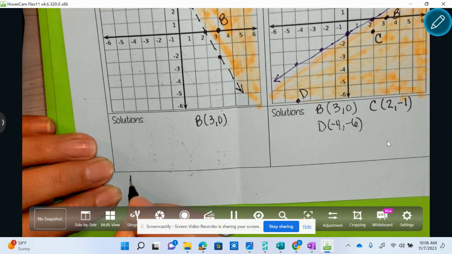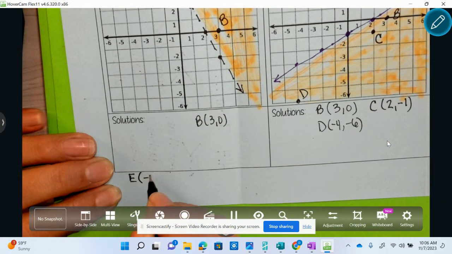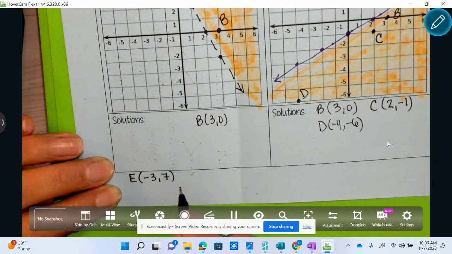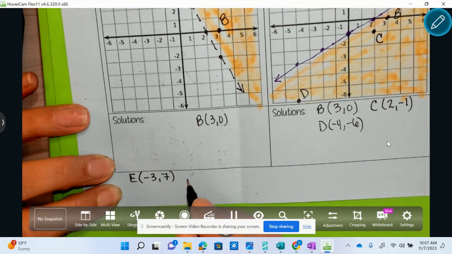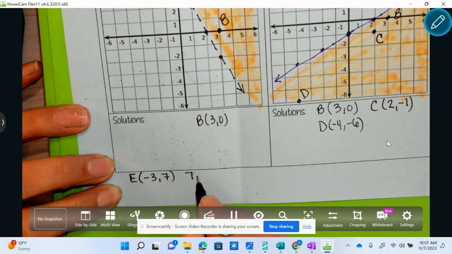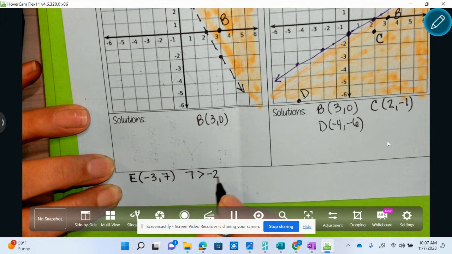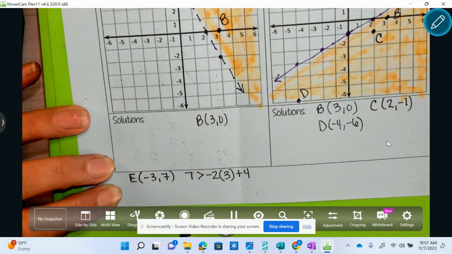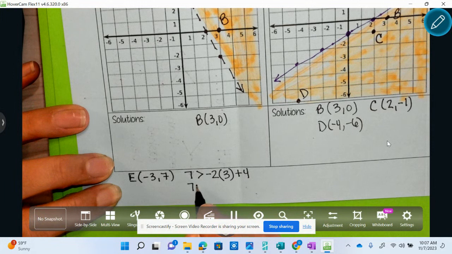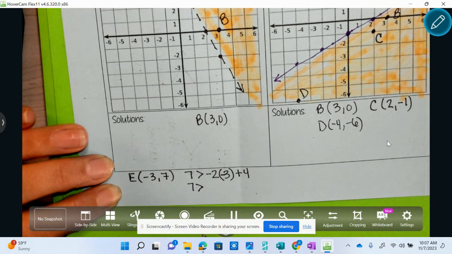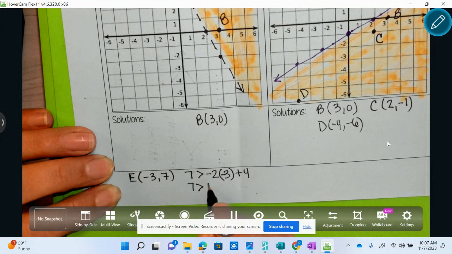I can take point E, which is the ordered pair -3, 7, and I can plug it into my inequality. Y is 7, is greater than -2 times -3 plus 4. What is -2 times -3? +6 plus 4.